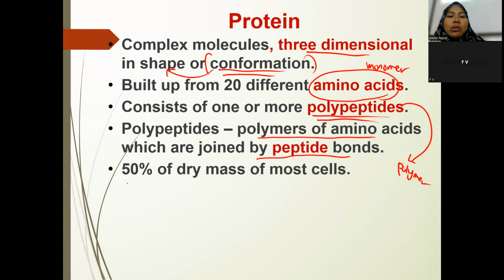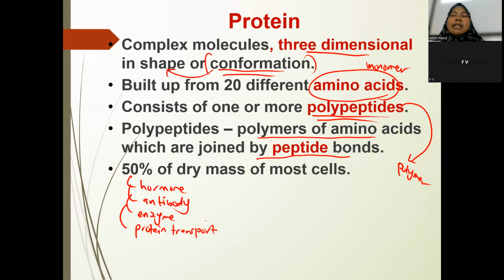Contoh, hormon is protein. Antibody awak is protein. Enzyme is protein. Okay, transport protein is a protein. Protein pengangkut adalah protein. Contoh, red blood cell. Red blood cell tu pun protein. Okay. Apa lagi? Apa-apa?